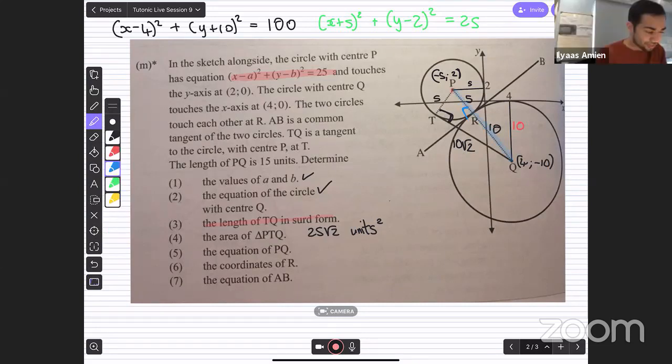So what's the gradient? -4/3. Yeah, -4/3, right? And if you sub that in and y equals mx plus c, what do you get as your final equation?